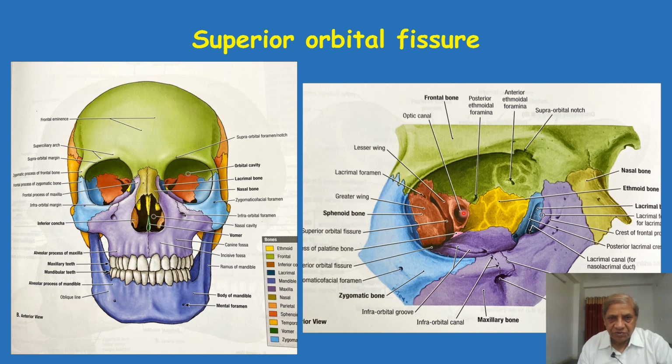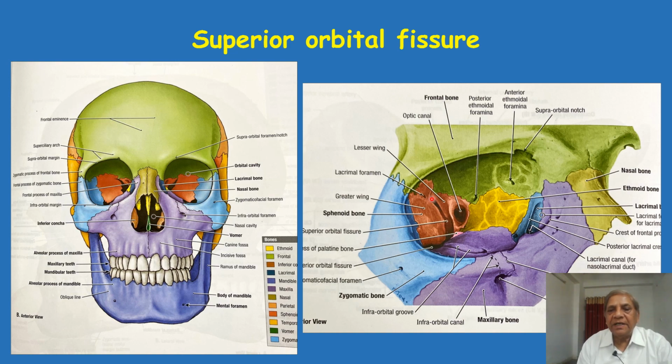Let's come to the viva questions which an examiner can ask. As soon as you pick up this bone, if he is asking about the orbit, he may ask what the boundaries of the superior orbital fissure are, or to name the bones forming it.